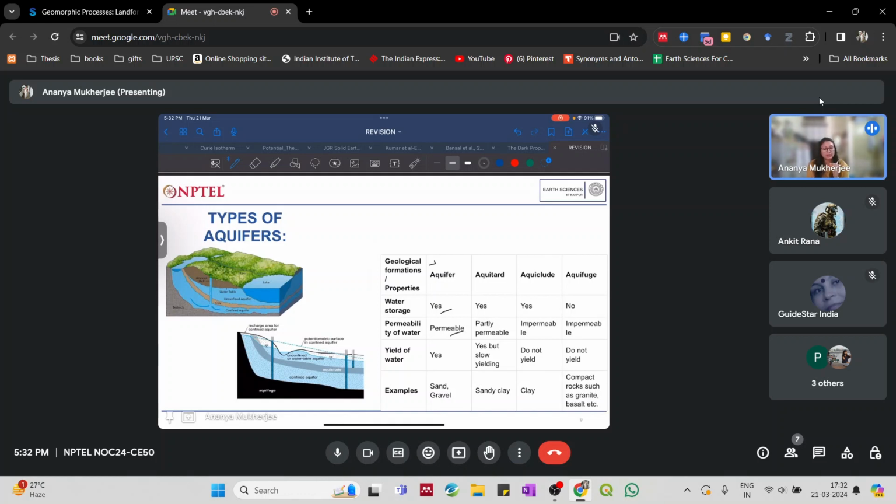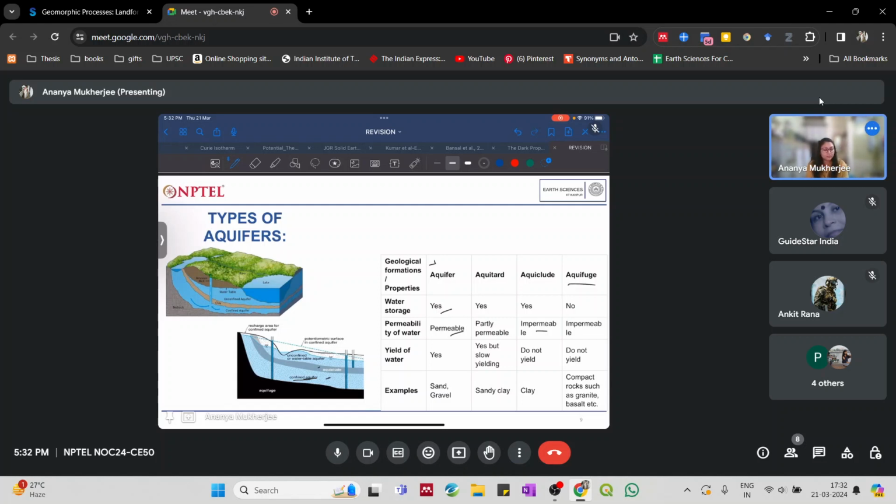Aquiclude has very low permeability, so it is almost impermeable in nature. If there is an aquiclude overlying an aquifer, this aquifer is called a confined aquifer. So you will have to somehow drill through the aquiclude to reach the confined aquifer.